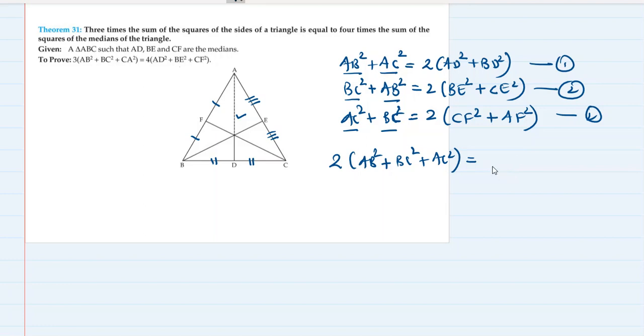And on the other side, what you're going to get is 2 AD square. Okay, let me write it this way and make some space as well.